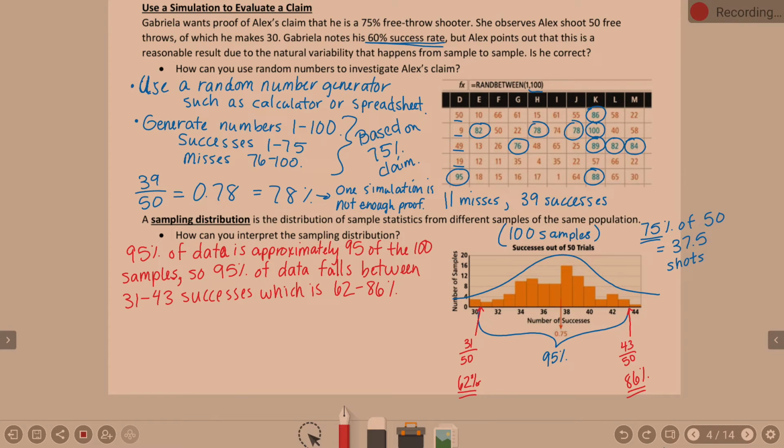Based on our simulations then, the reasonable range of means is 62 to 86% for a 75% free throw shooter.